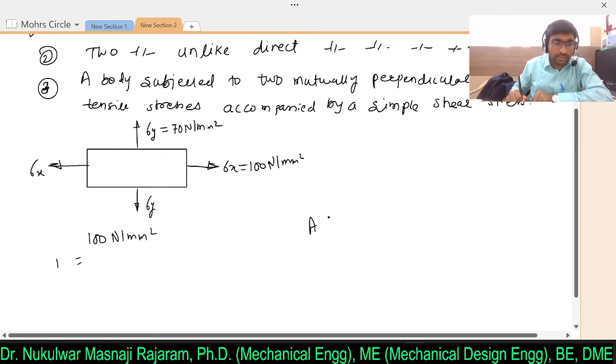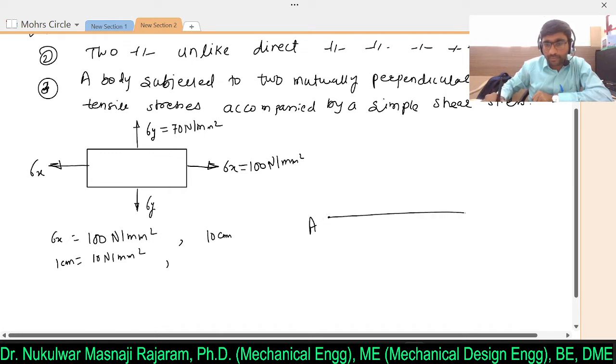If I consider 1 centimeter equal to 10 Newton per mm square, then for sigma x I will draw a 10 centimeter line. Consider any one point and from that point draw a line. Mark that point as B. So this is a 10 centimeter line.